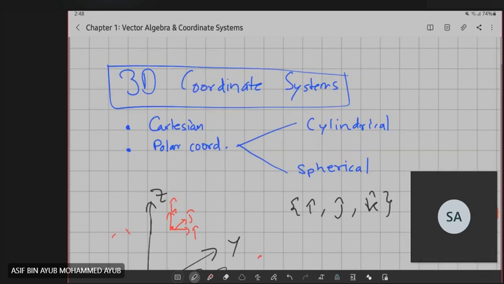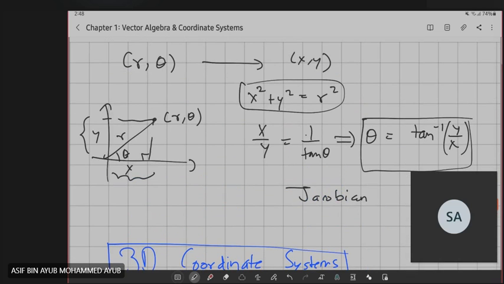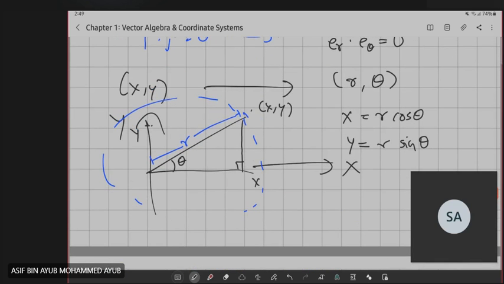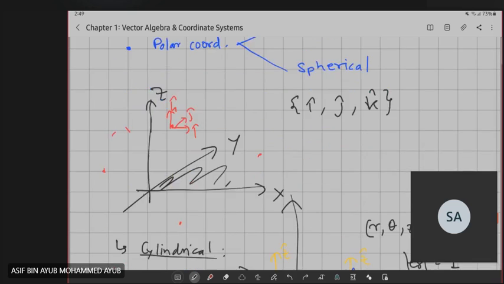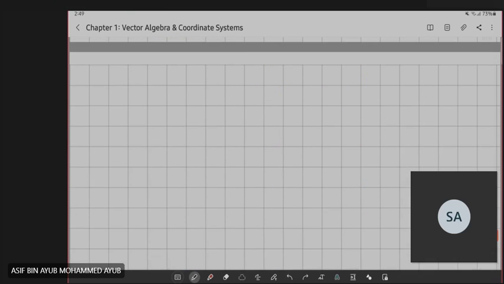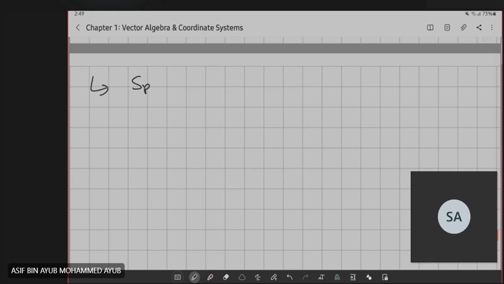I can literally just copy these conversions and paste it here. The conversions are the same as the polar coordinates. You just take z equals z here. So the cylindrical coordinate, here you have it. Now we'll move on to the spherical coordinate system.